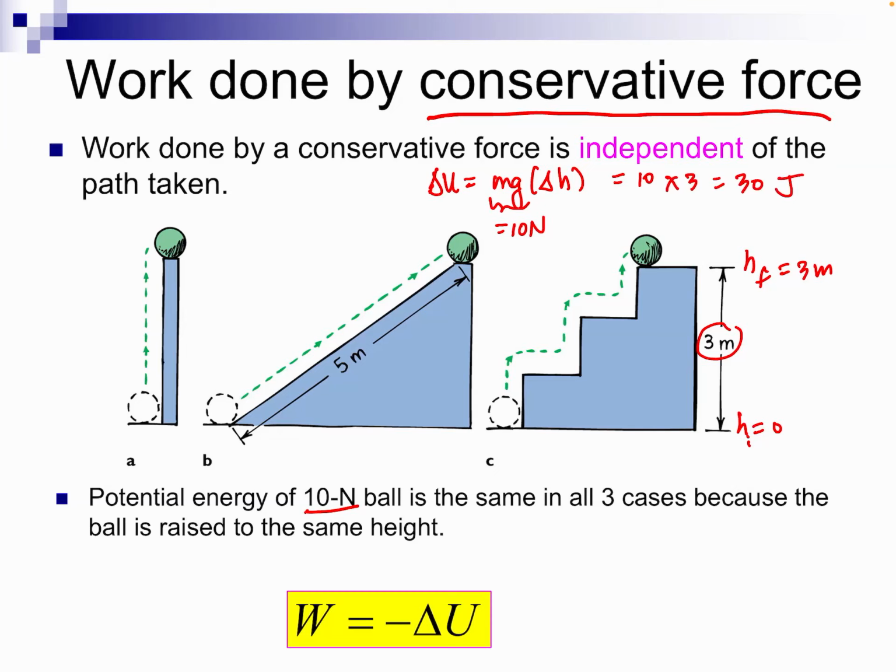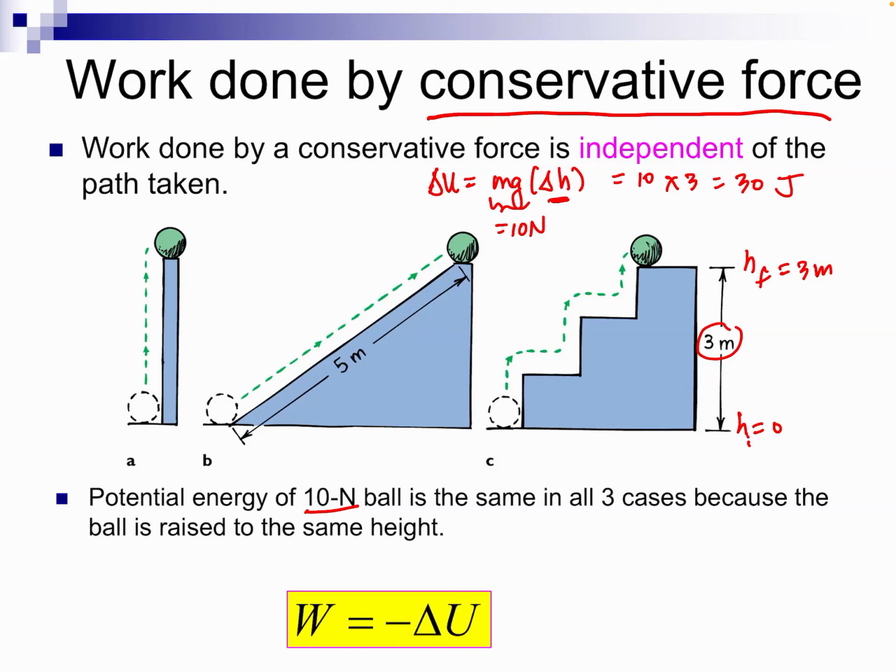Notice how in the equation for the change in potential energy, it's just the height that matters. It doesn't matter which way you used in lifting the ball up. As long as the final height of the ball is the same, then in each of these three scenarios, the change in potential energy of the ball will be the same.